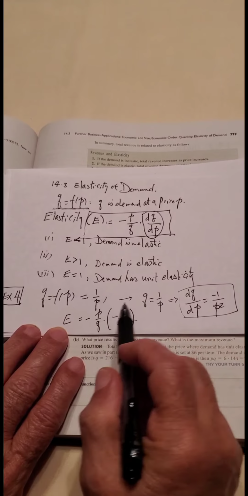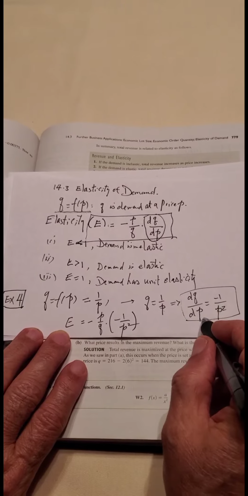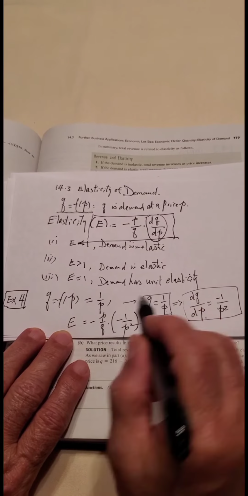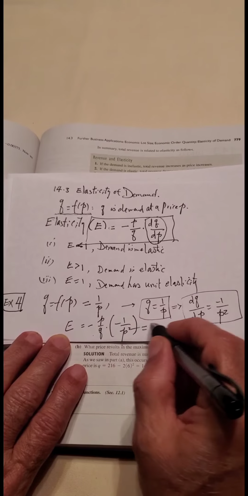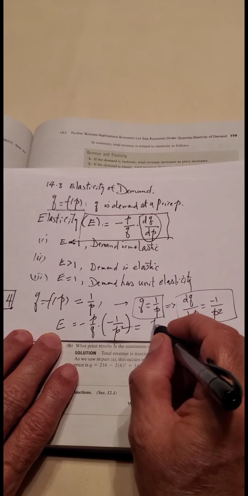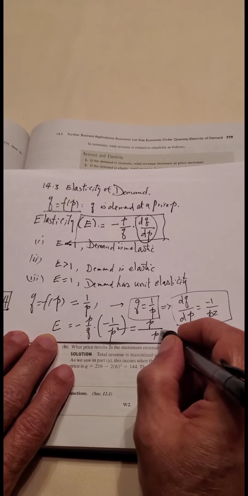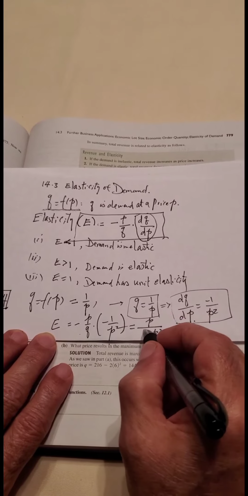On the other hand, Q is given to you. Q is 1 over P. So we take this and substitute here. Therefore, negative times negative would be positive. P times 1 would be P. And then Q times P squared. But Q by itself is 1 over P.